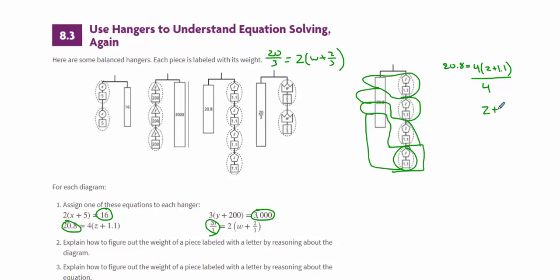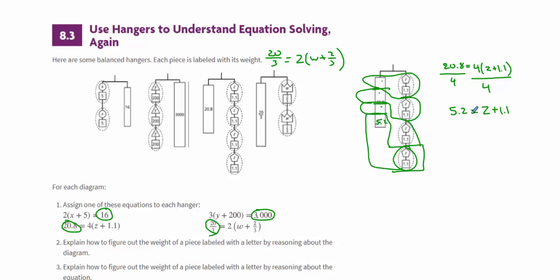z plus 1.1. And I take this 20.8 and I divide it into 4 groups, right? 20.8 divided by 4 is 5.2. So one of these groups is 5.2.